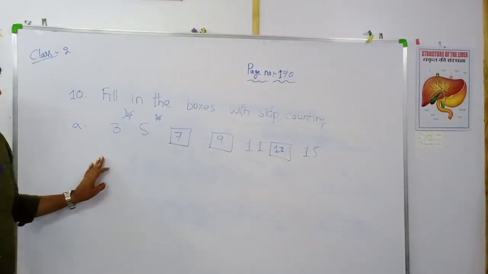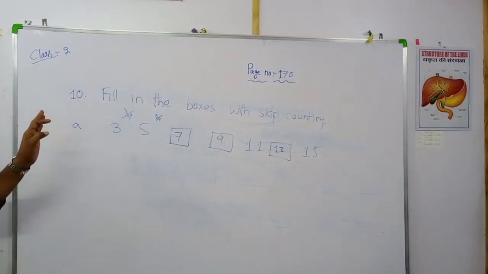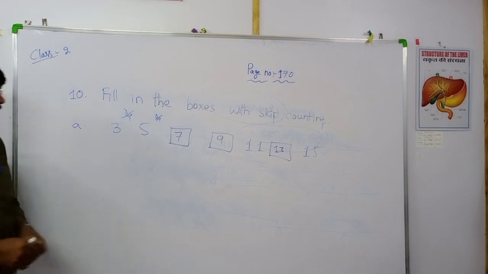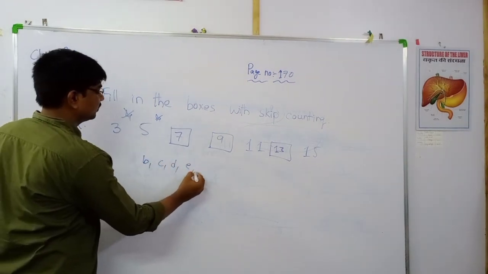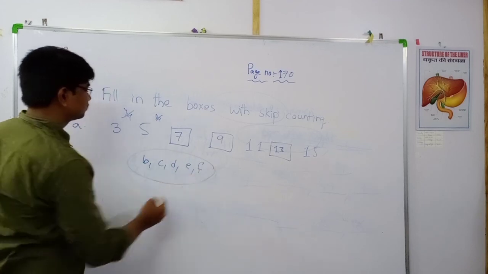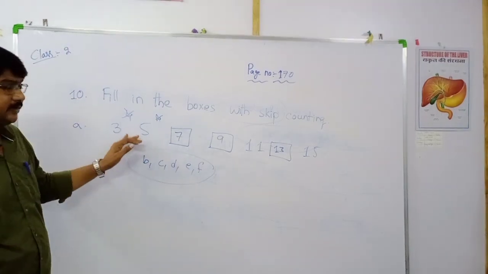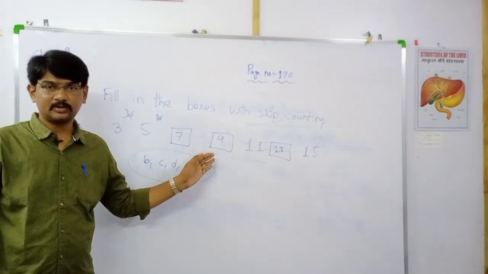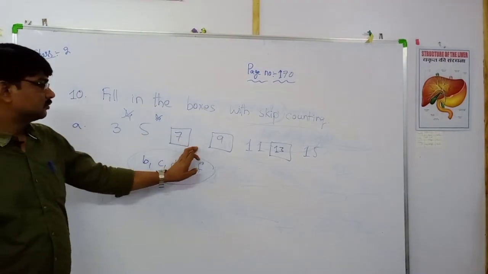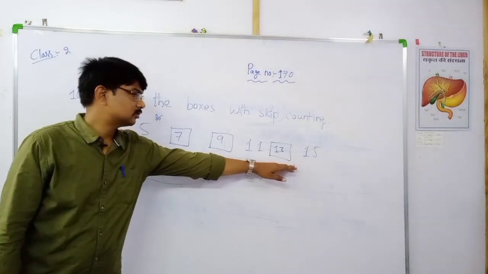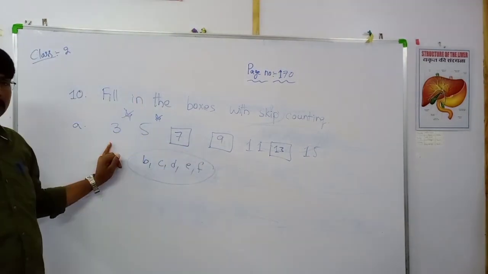So in your textbook, total 6 problems are given: A, B, C, D, E and F. Already you understand. I gave 3 examples for you on the board. At the same time, one textbook problem also I solved in front of you.